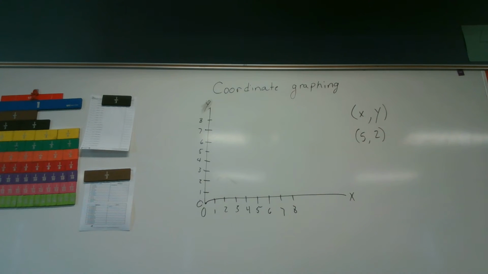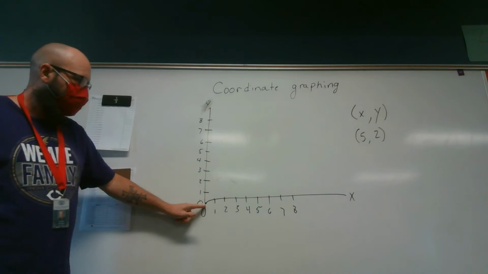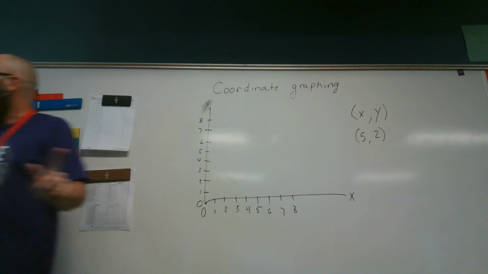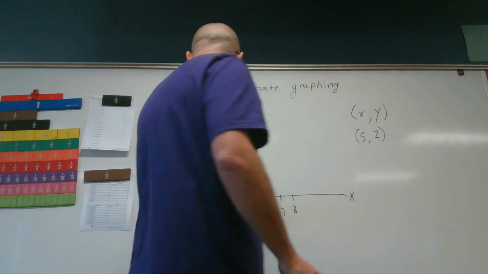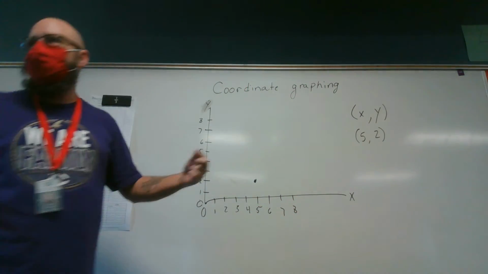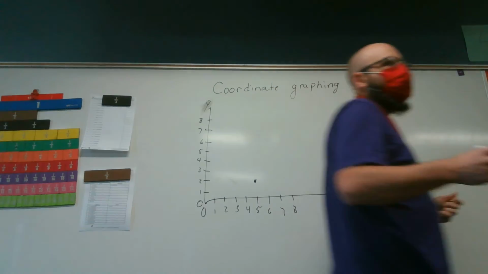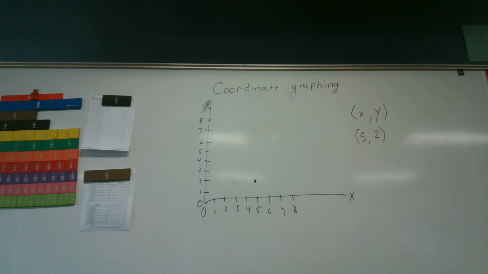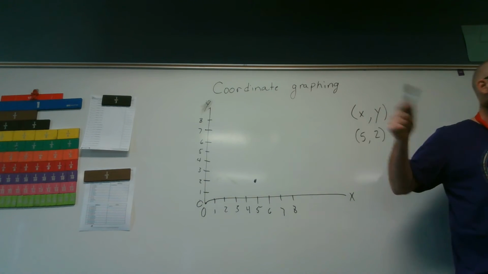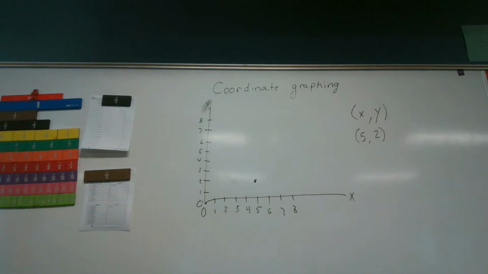So if those are the coordinates, 5, 2, and we always start on the x-axis, we start at the origin, and we go over 5, and then we would go up 2. So this is where 5, 2 would be. Now later on in the year, for those of you paying attention, we'll have activities where you'll use these to draw pictures, kind of like a dot-to-dot type thing. So we'll get a lot of practice at that.